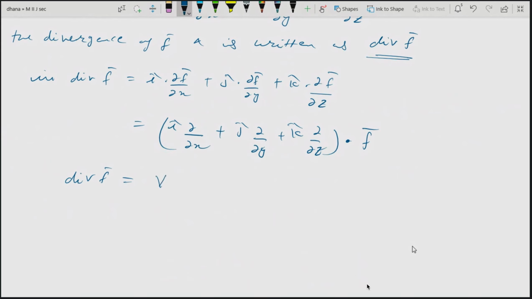You are applying this operator on g. So you got i cap dou g by dou x plus j cap dou g by dou y plus k cap dou g by dou z.